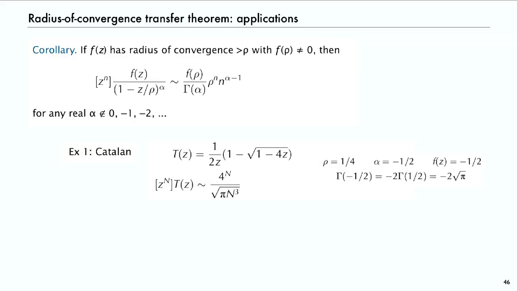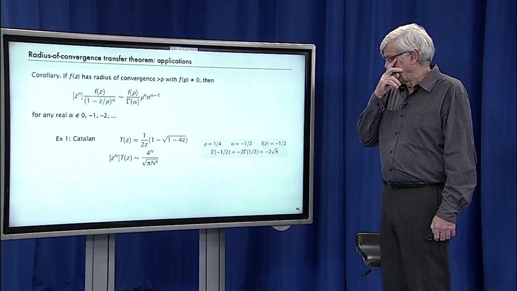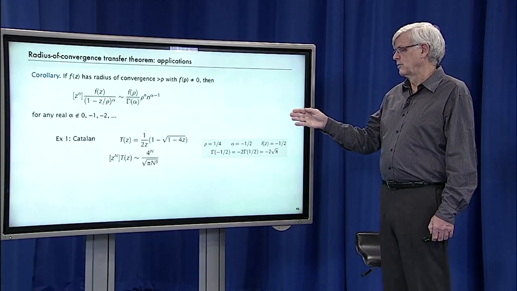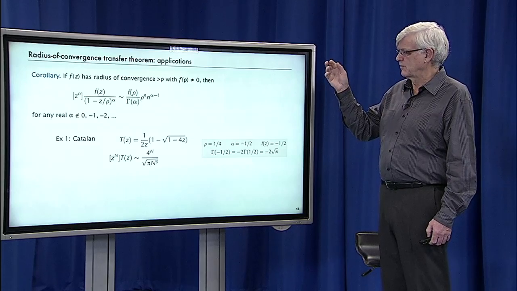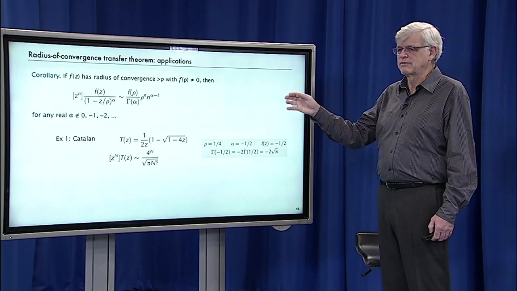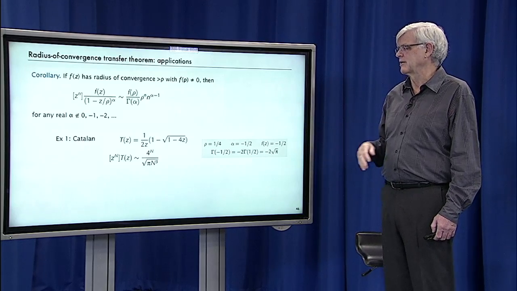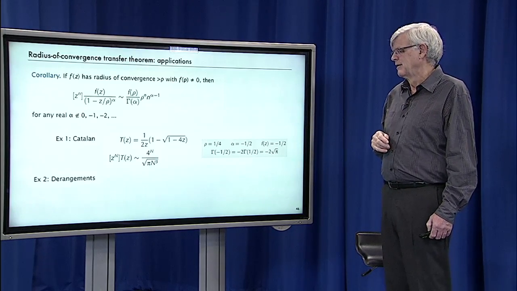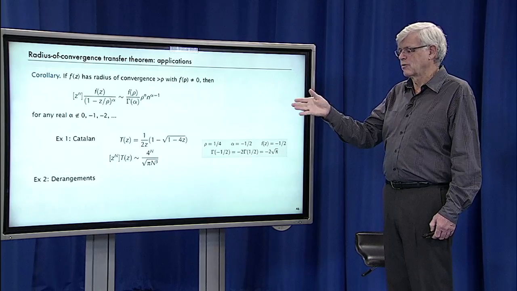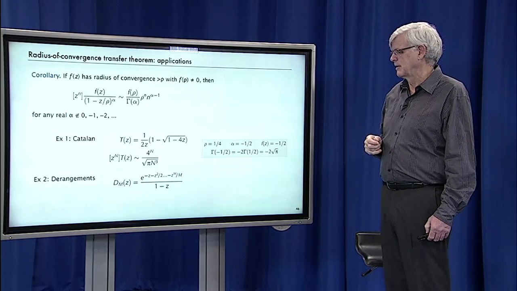It's not hard to finish the calculation to show that this transfer theorem immediately gives us the asymptotics of the Catalan numbers. So one transfer theorem to get the generating function, another transfer theorem, the analytic one, to get the asymptotics of the coefficients. And this same theorem works for the derangements problem.